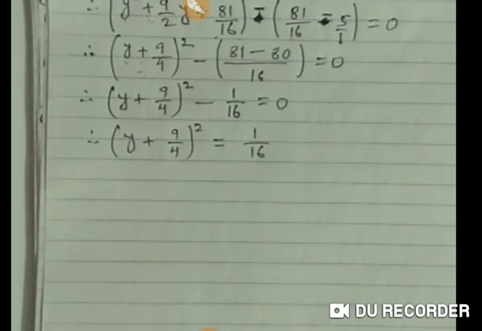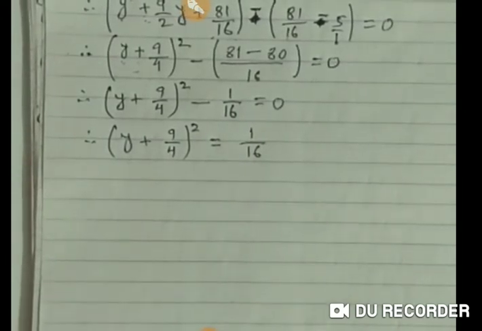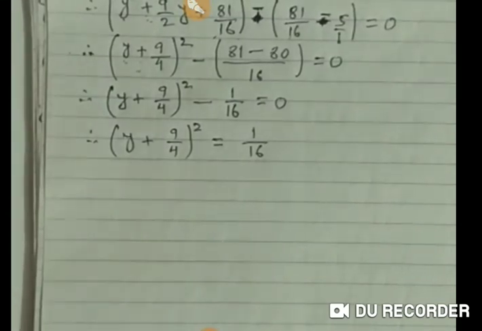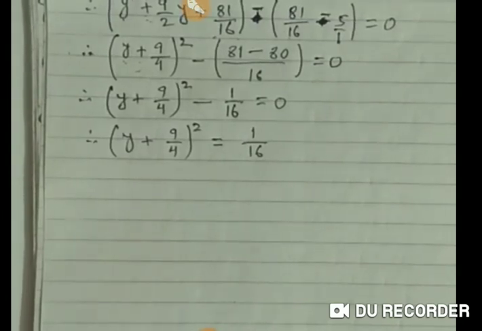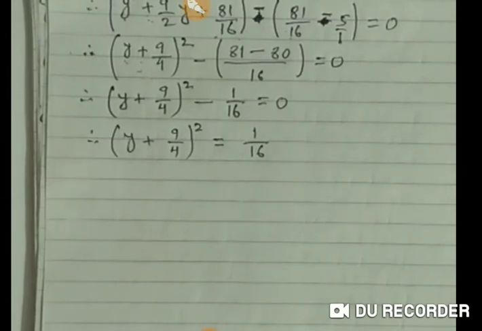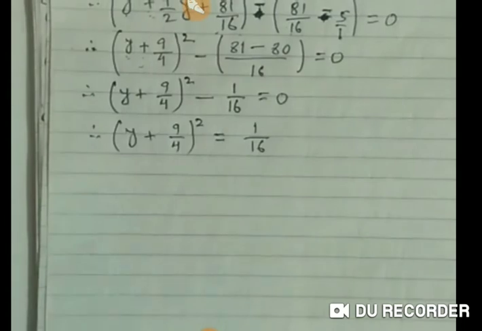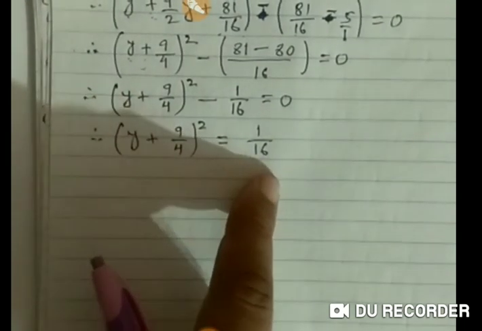Is it clear to everybody? Okay. Now, what next? Do you remember what we're doing next? We need to take the square root of both sides. Here you have two sides, left hand side and right hand side. You have some value on the left hand side, and some value on the right hand side.